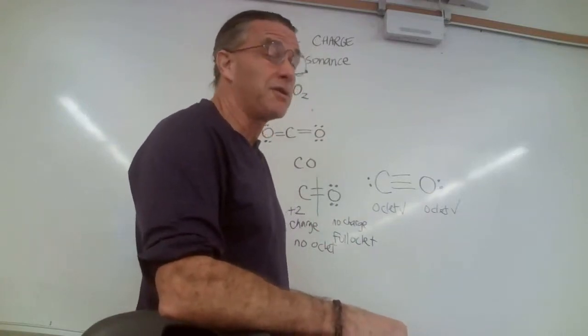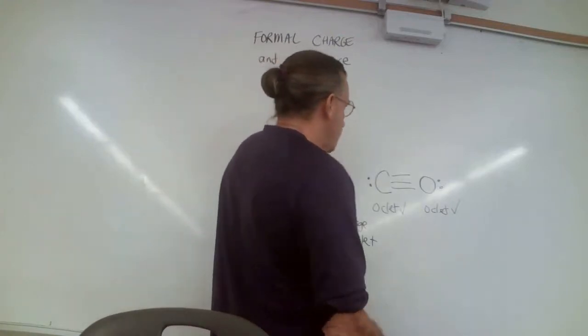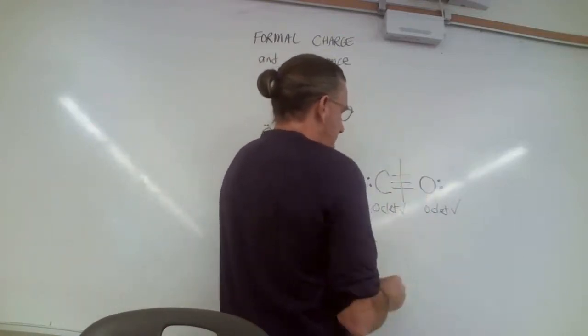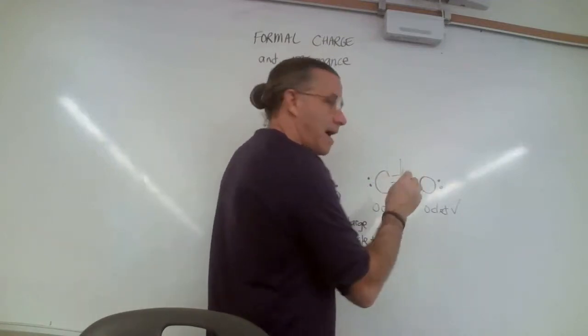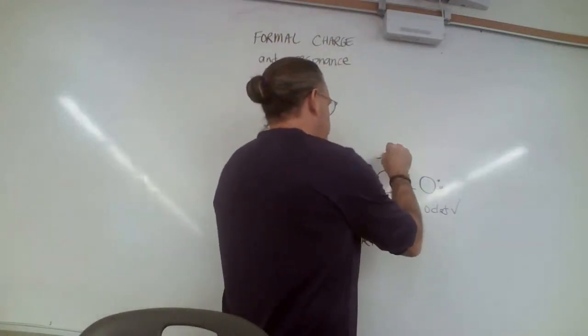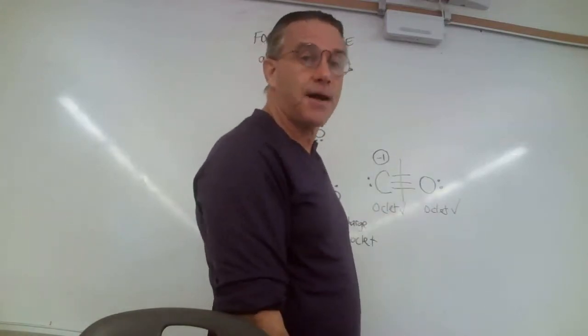formal charge. If we don't overall get a formal charge of 0, it's certainly not reasonable, because carbon monoxide has no charge. So, counting each as 1, which is how we evaluate it, we get 1, 2, 3, 4, 5, but carbon's supposed to have 4. We're going to give this a formal charge of -1, 1 extra electron. Do the same thing for oxygen.